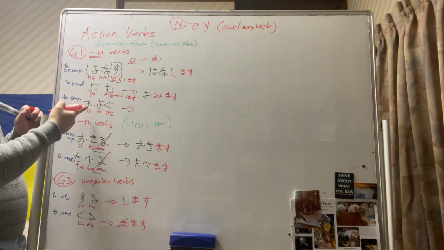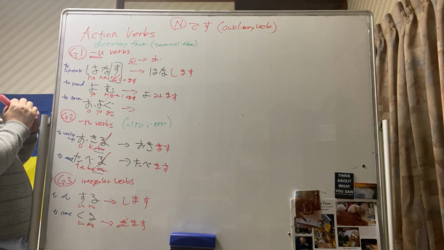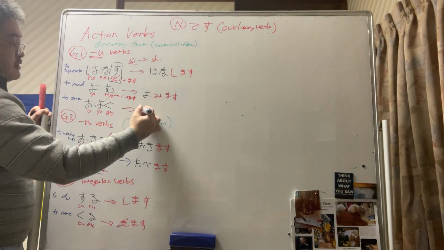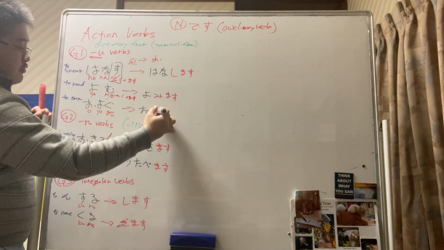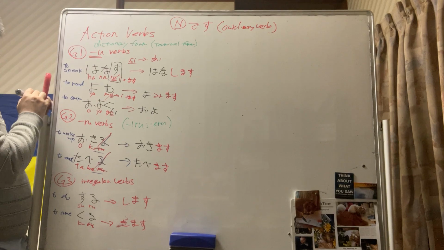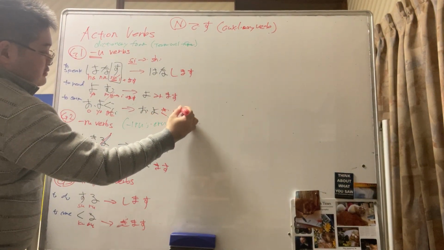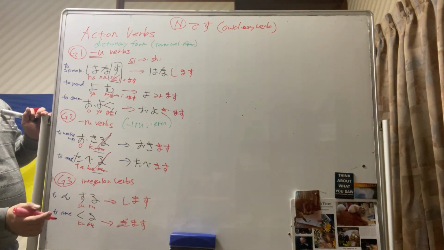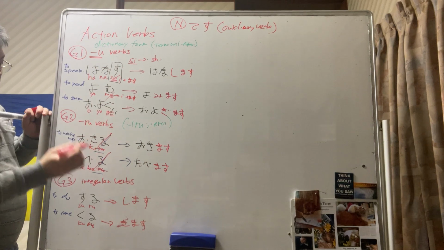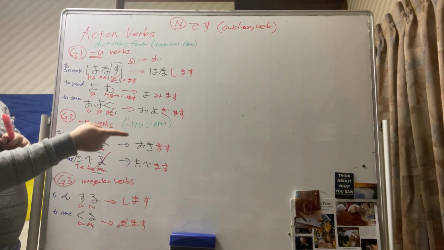Okay, what do you think this would change into? I think I know already. It's oyogimas. Yes. And oyo again, u changes into e, that gives you gi, mas. So that's the conjugation into the dictionary form.